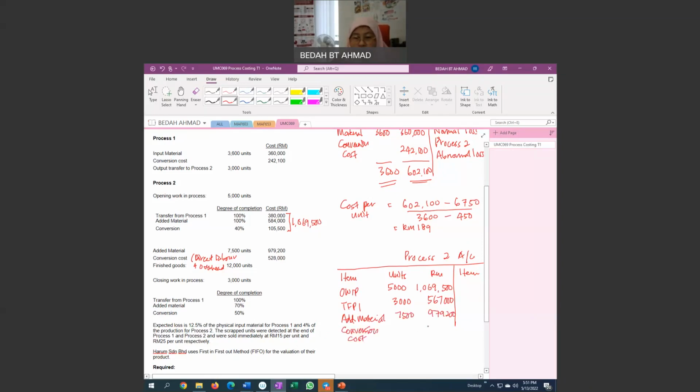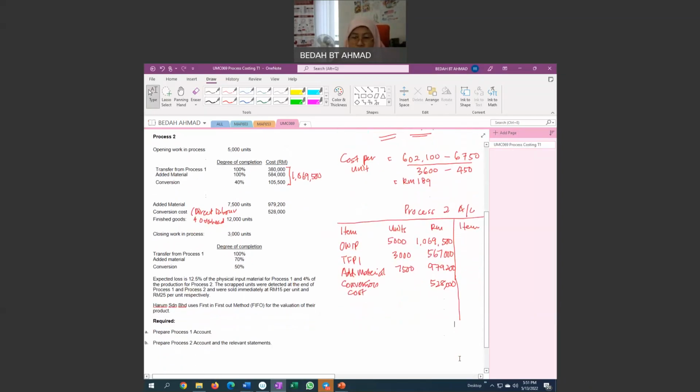And the conversion cost is 528. So this conversion cost and the units we add up together as a total, which makes the total here 15,500 units and 3,143,700.